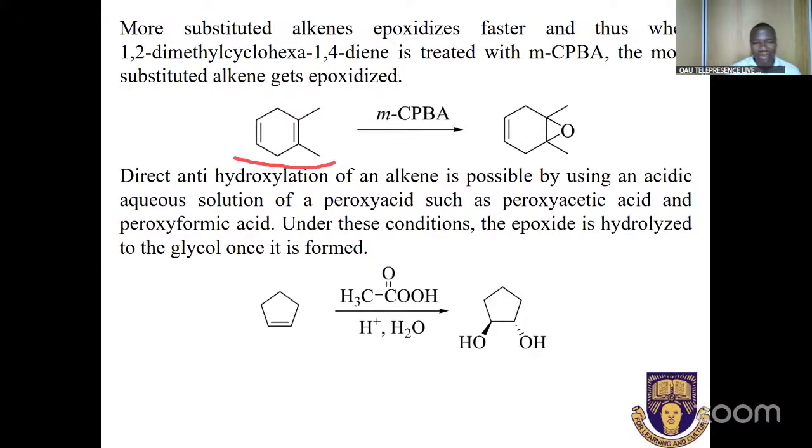So, 1,2-dimethylcyclohexa-1,4-diene. If you can't name that, there's trouble. If you cannot name this compound by yourself, there's trouble. At least from what we have done so far, you should be able to name it.